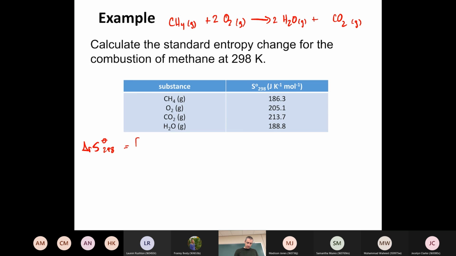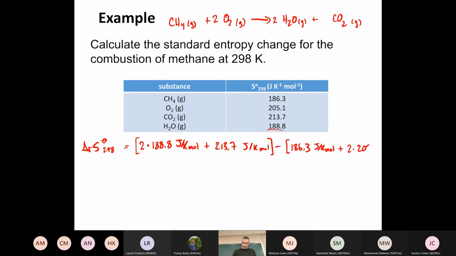So we have 2 waters, and the value for water is 188, plus the other product, which is CO2, 213.7 joules per K-mole, minus, on the reactant side, we have methane plus 2 times O2.